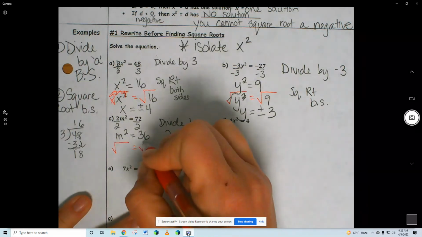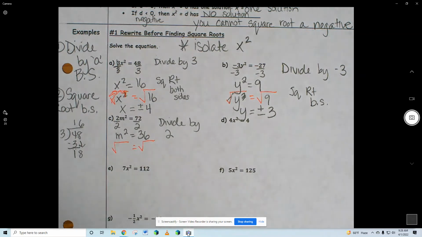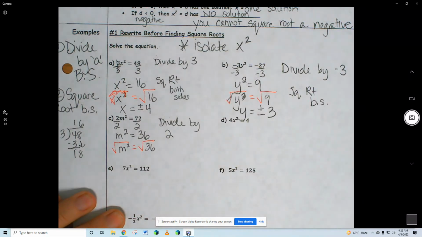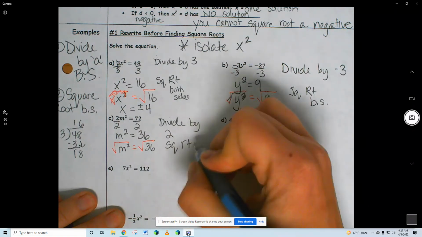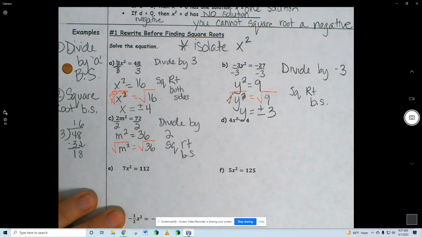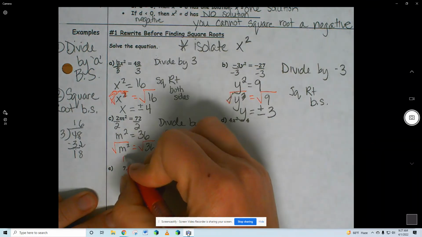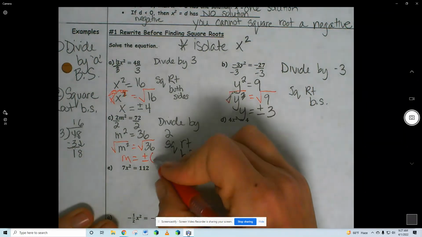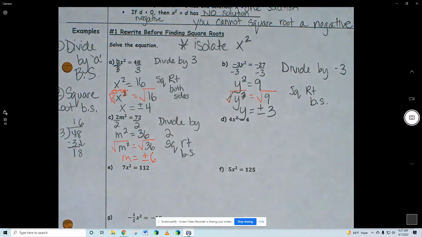And then square root both sides. m equals plus or minus what? 6, sorry. Do D by yourself.